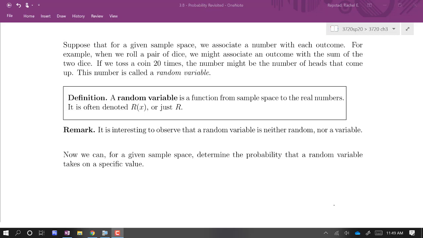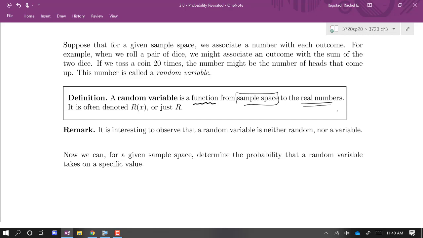So a random variable is a function, first of all, and it's a function from a sample space to the real numbers, where we define it in some way. Whether it's counting the number of heads or adding the number of pips that come up on a pair of dice when we roll it.